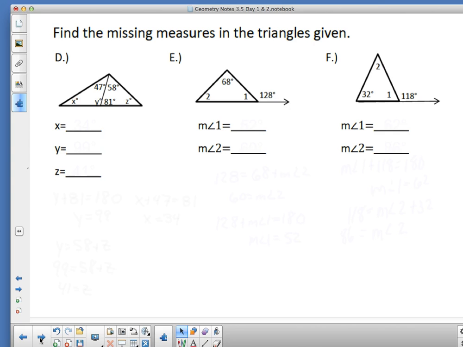So I subtract 47 to get x. Now I've got a choice. I could use this value and this value, just to double check, because I just found x, so I used that. But this one and this one, this 58 and z, make y, 99. So 99 minus 58 is 41. It's my z.